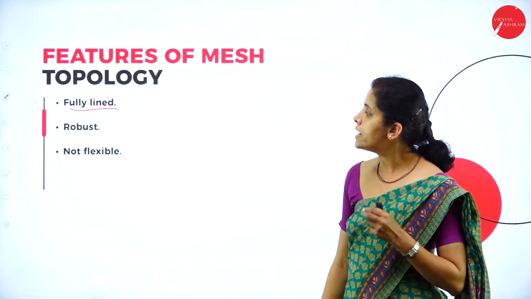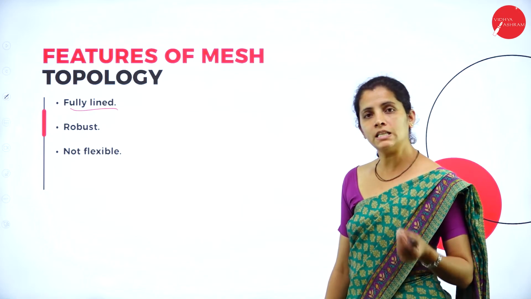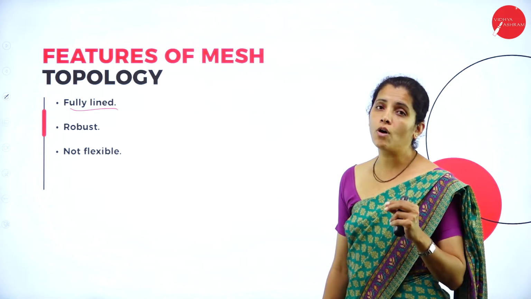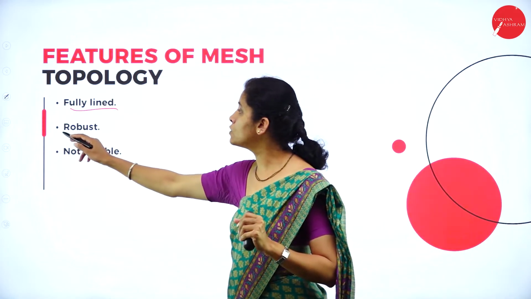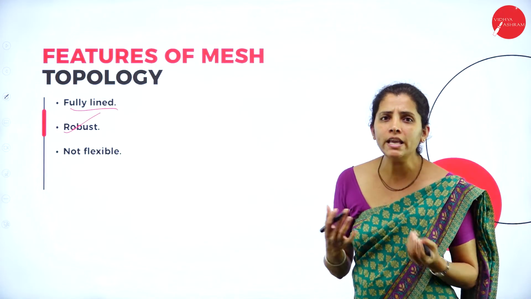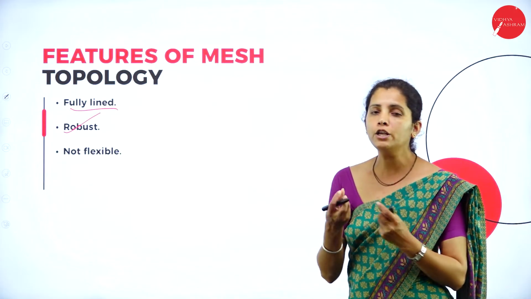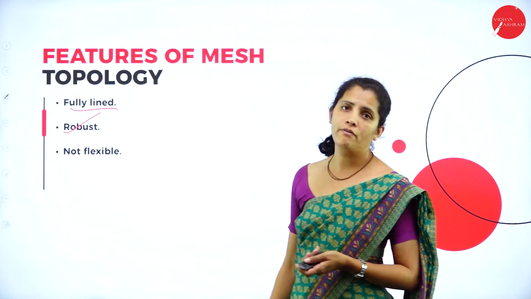In the sense, if any one of the lines fails, still the performance of the network remains as it is. So, it is robust and it is not flexible. We have too many connections, and to manage all the connections is very difficult. So, it is not flexible.